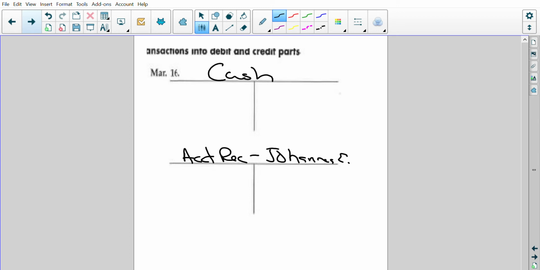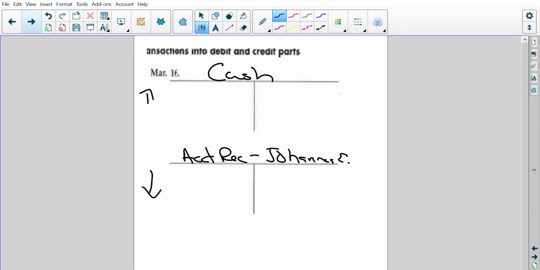Why don't I put sales again? Because you already have that in your equation. Right, because of the accounting concept, realization of revenue, I've already put that into the sales account. So all I gotta do is change it from one asset to another. I received cash, so my cash goes up. Johannes now owes us less money.